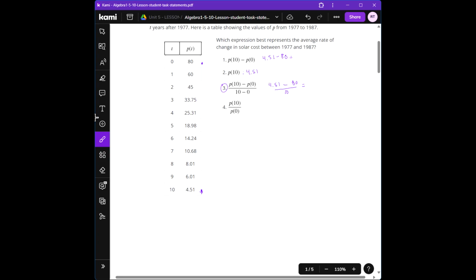We have 4.51 minus 80, divided by 10, and the answer here will be negative $7.55, rounded. This basically tells us that the price decreases by $7.55 each year on average. So that is the average rate of change.